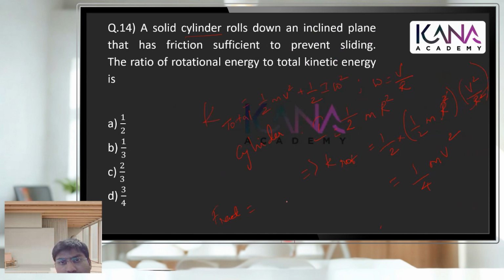It will be 1 by 4 divided by 1 by 4 plus 1 by 2. Basically we cancel out all the mv square terms, so we'll be left with these fractions. If you solve this, you will get 1 by 4 by 3 by 4. So it is nothing but 1 by 3. So the answer is B.